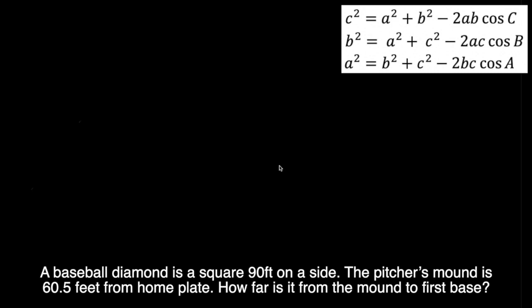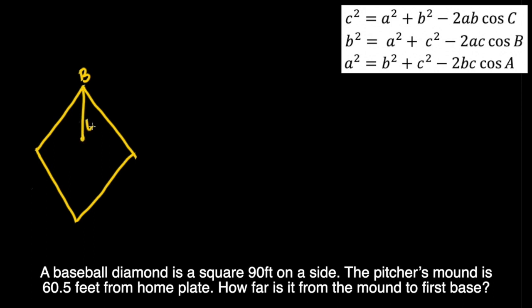Let's start off by drawing a diamond and labeling each side as 90. Let's name this point here as B. We know that from point B to point C, somewhere in the middle of the diamond, is 60.5 feet. We can do simple math to deduce that with the measurements given to us, the pitcher's mound is not in the middle of the diamond, so we are not dealing with a right triangle.